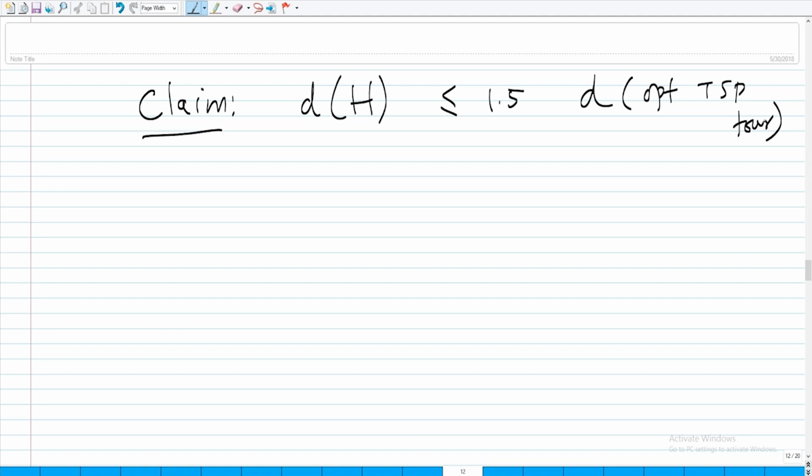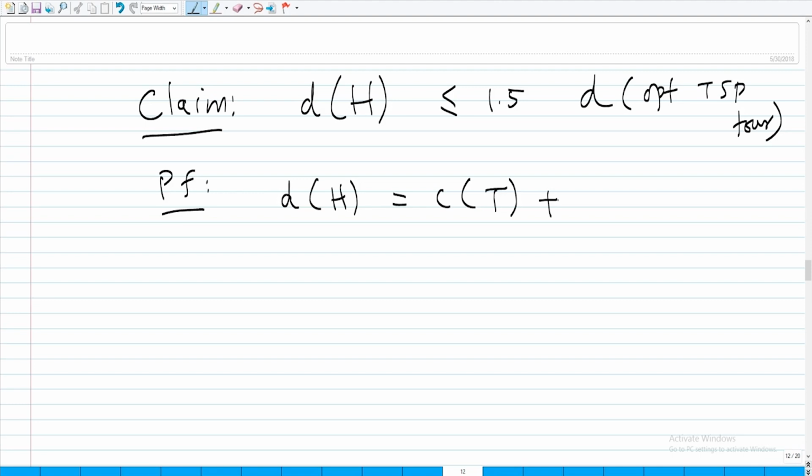Okay. So, what is the cost of the Hamiltonian cycle? Total distance is the cost of the minimum spanning tree plus what? Cost of the matching, the minimum weight perfect matching, because this is obtained from the Euler tour.